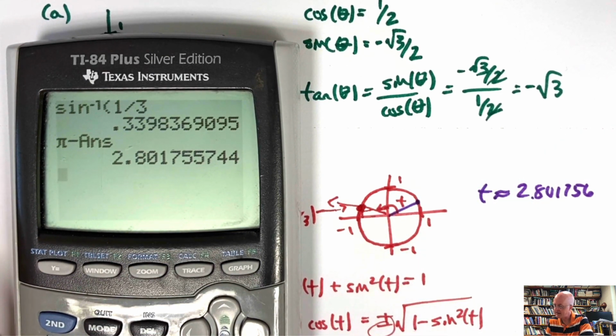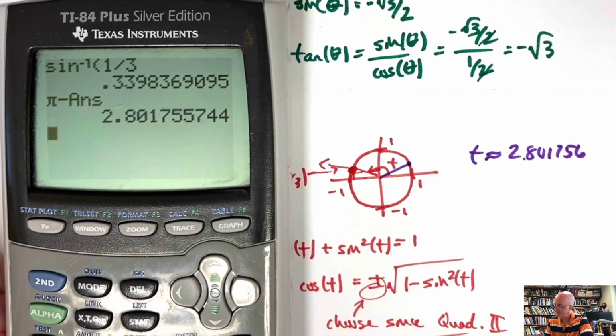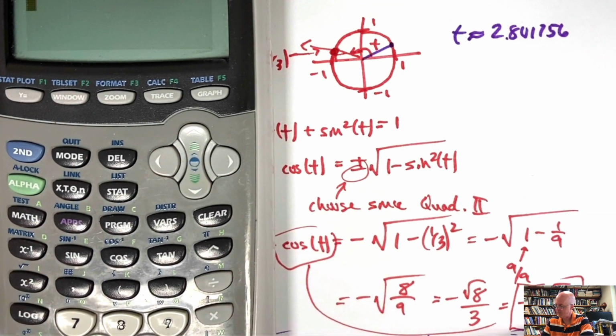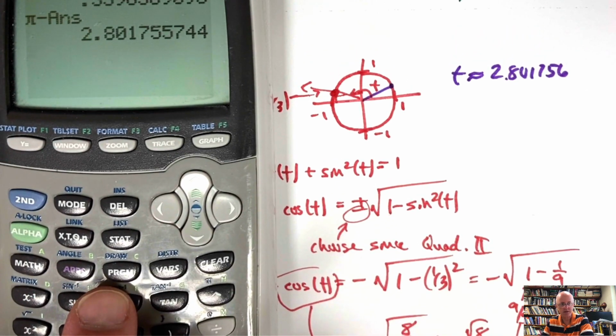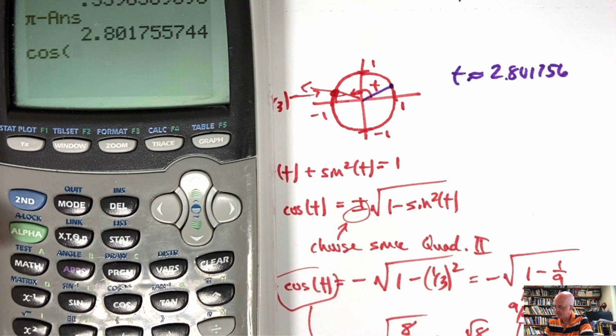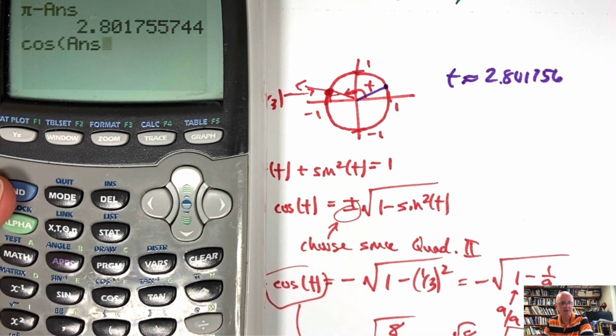So now if I take the cosine of that, it should be, up to rounding error perhaps, equal to this. Calculator keeps more decimal places internally, so I think it's going to give us the exact value. Cosine of that answer, negative 0.9428.